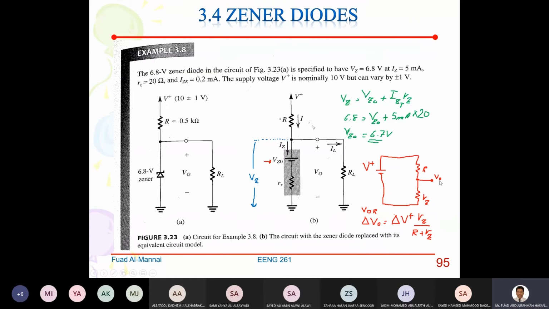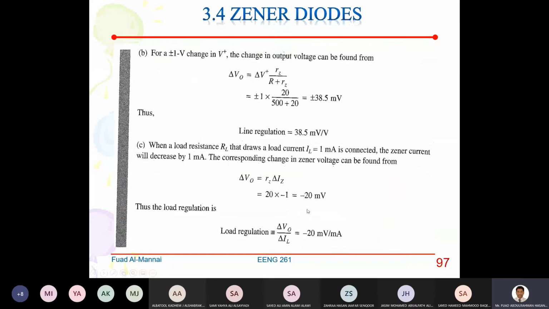Therefore, if you want to find V out, we take the VDR, right? Delta V out is equal to delta VCC multiplied by RZ divided by the sum. Everybody get that? That's what the book is doing. So delta V out is equal to delta VCC multiplied by RZ divided by R plus RZ.